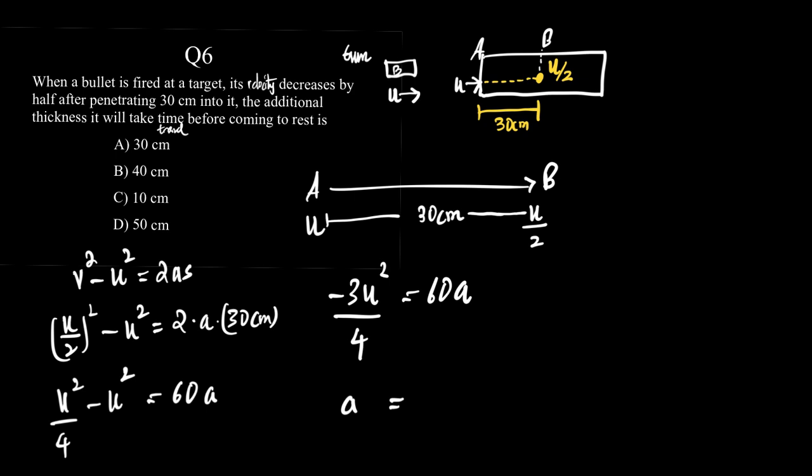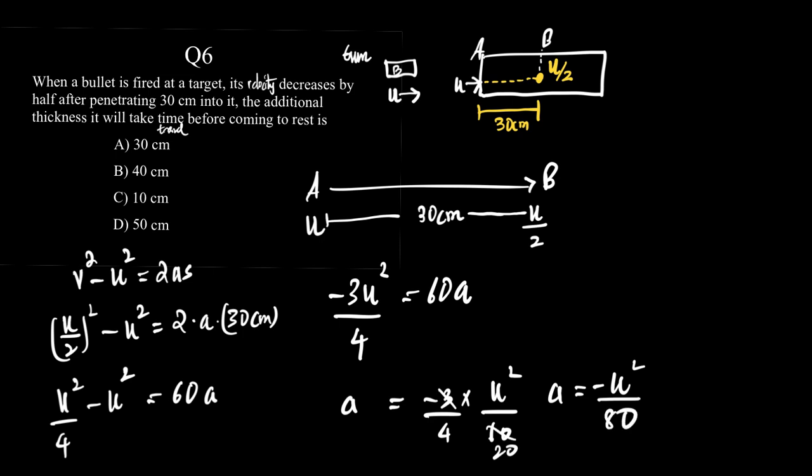which basically means that a is equal to minus 3 by 4 into u square by 60, which is a is equal to minus u square by 80.